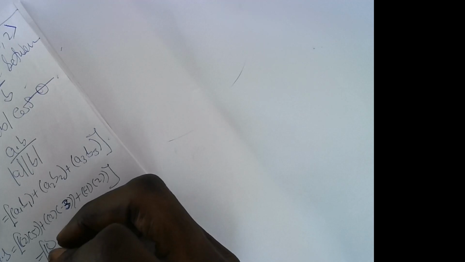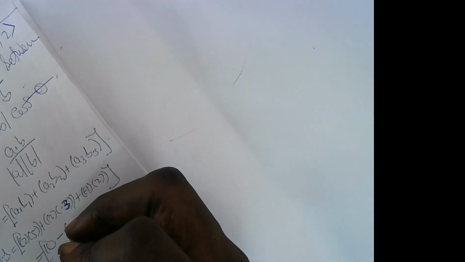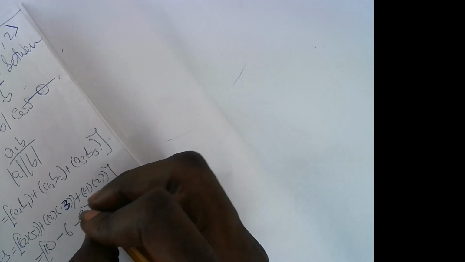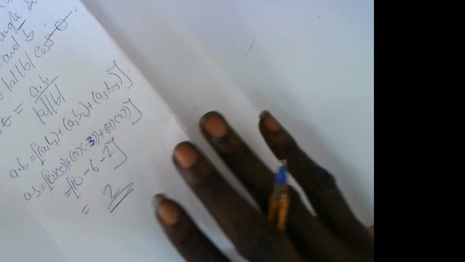So we will have 10 minus 6 minus 2, which will give us 2.